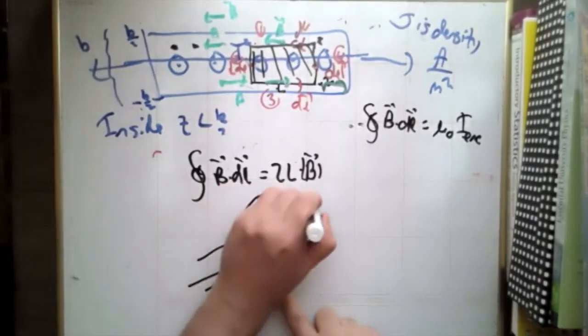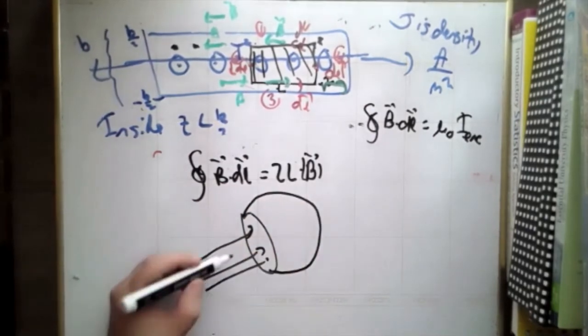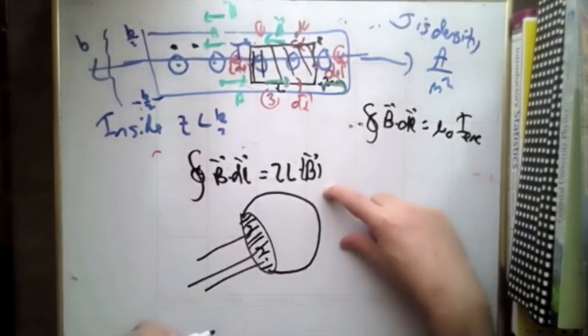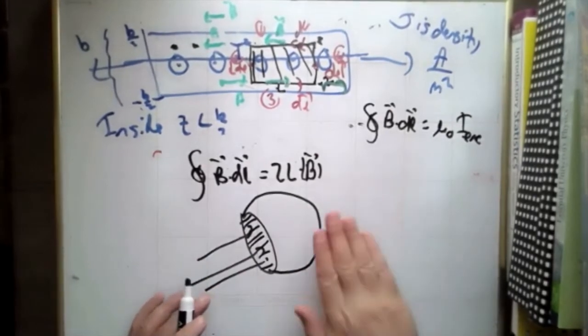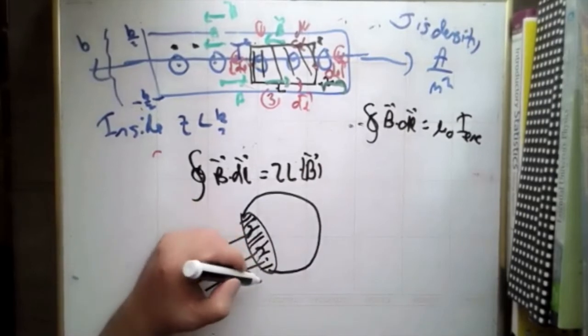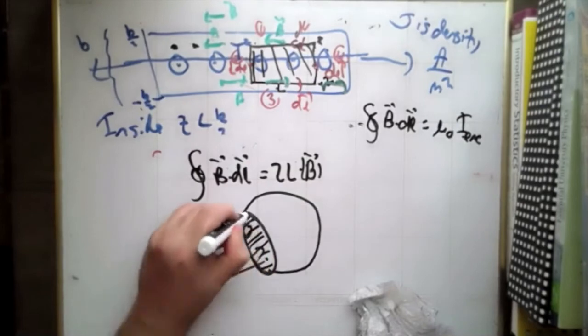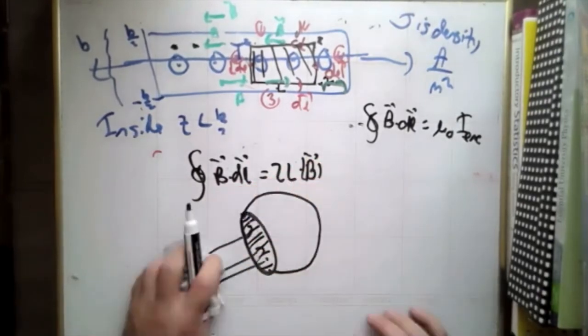That shape could be like a bubble that sticks out behind it, because any current that flows through the front also has to flow through the back. So my shape could be like a cup, or it could be that flat area in front. As long as this is the boundary, it doesn't matter what shape I put behind that.